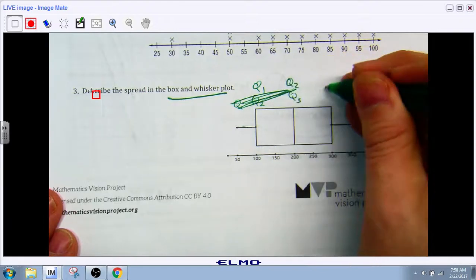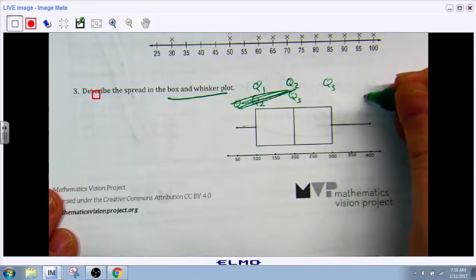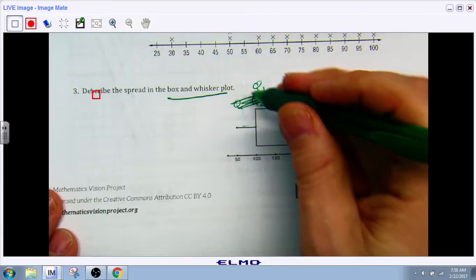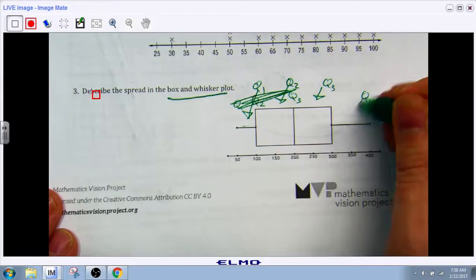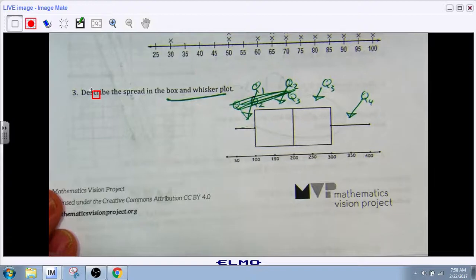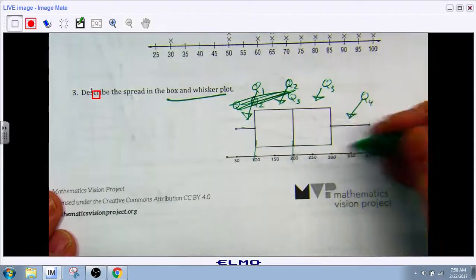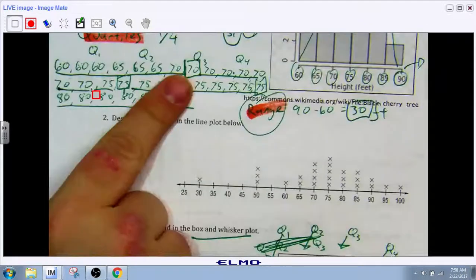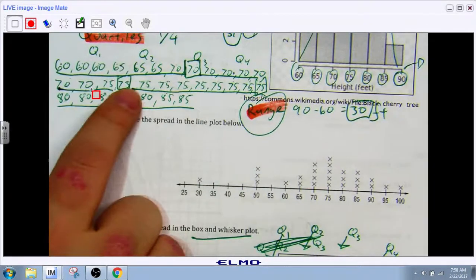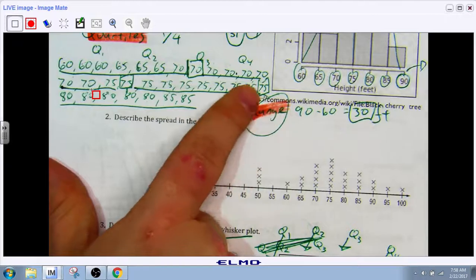This is Q2. This is Q3. And then this is Q4, right? So Q1, Q2, Q3, Q4. So these are the values that break up our quartiles. Much like these box values, 1, 2, and where was it, 3.